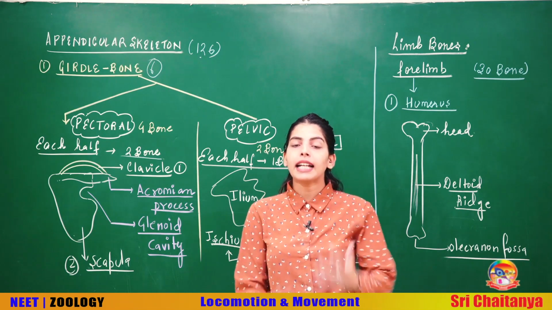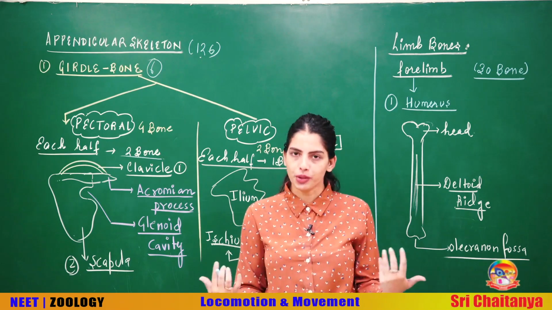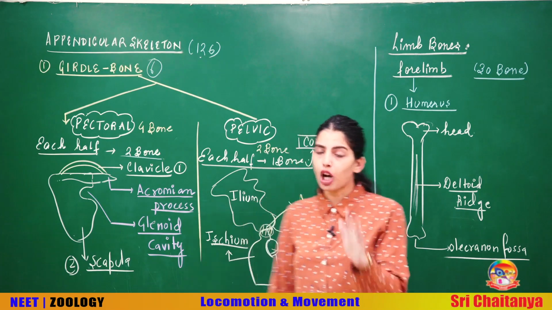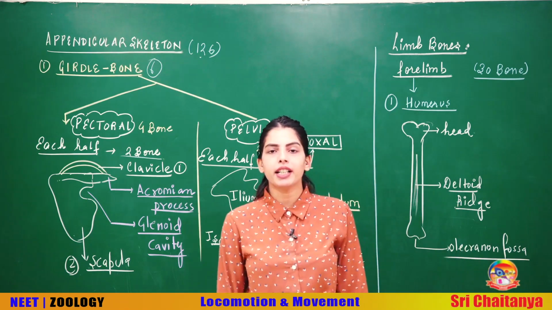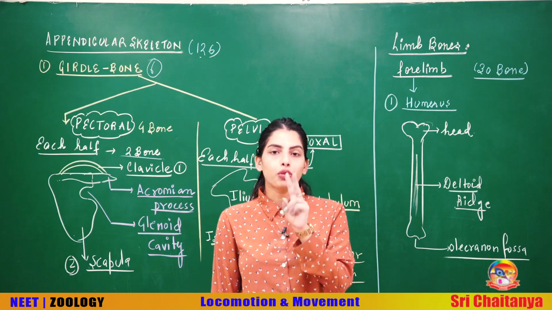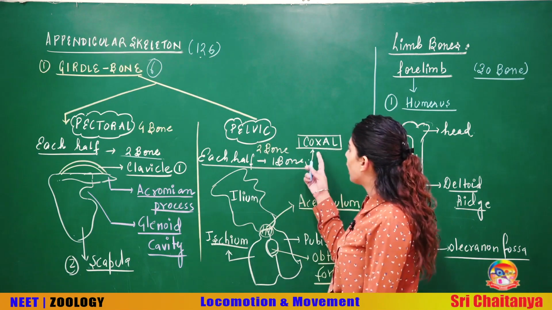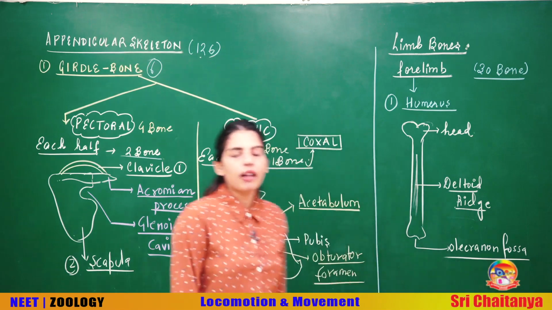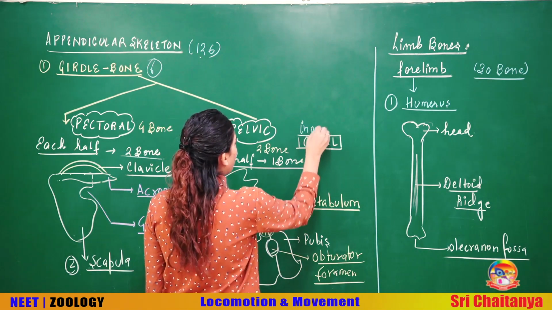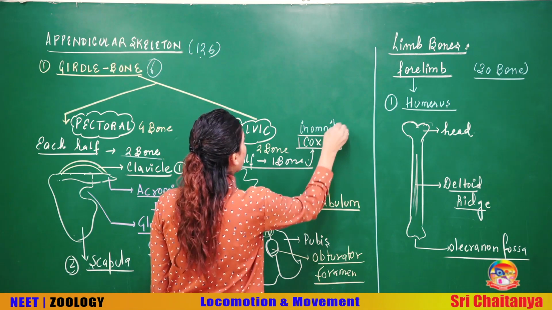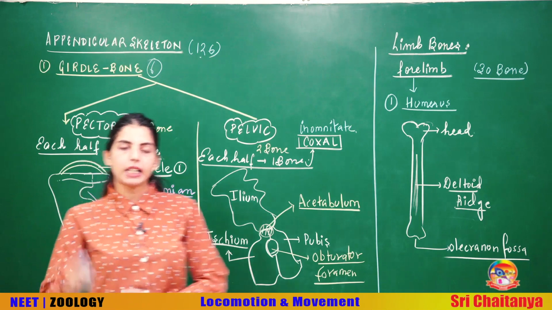But remember that each half of your pectoral girdle is separated, it is not fused. Whereas when you talk about the pelvic girdle, each half of the pelvic girdle consists of 1 bone. That 1 bone is called coxal bone or innominate bone, and each half is fused, unlike the pectoral girdle.